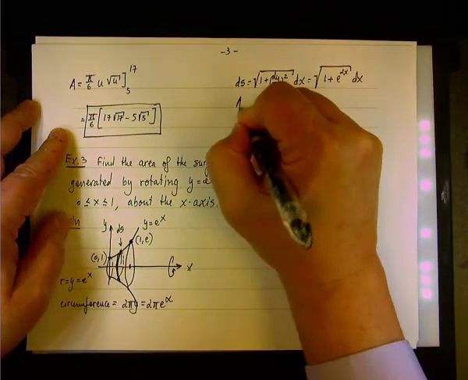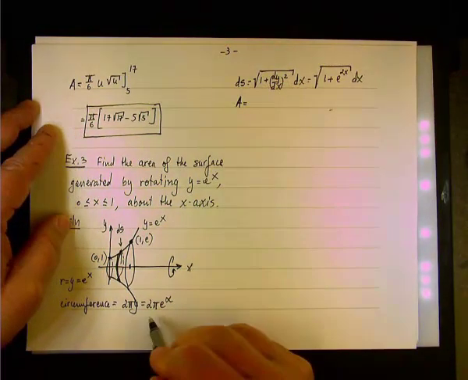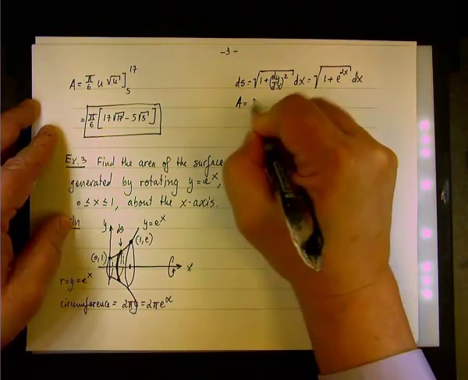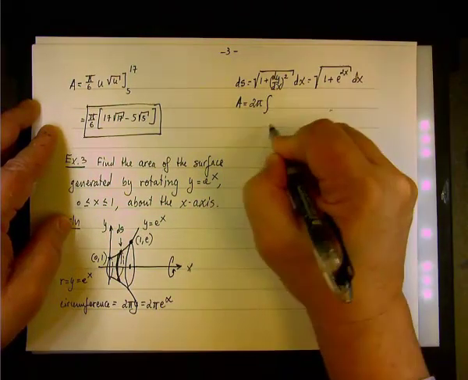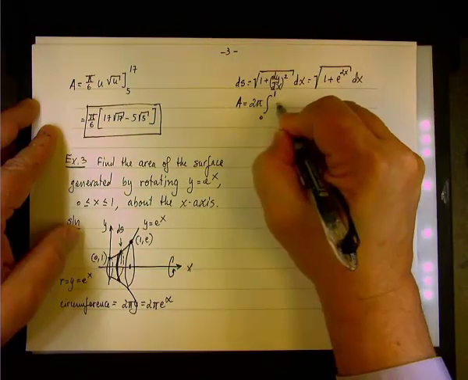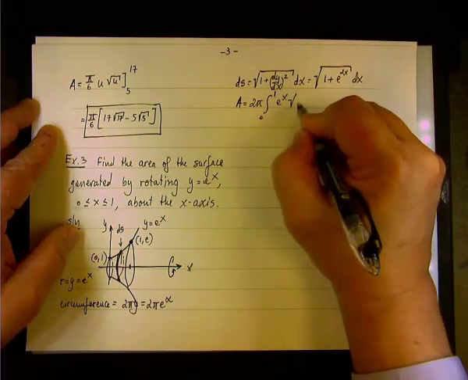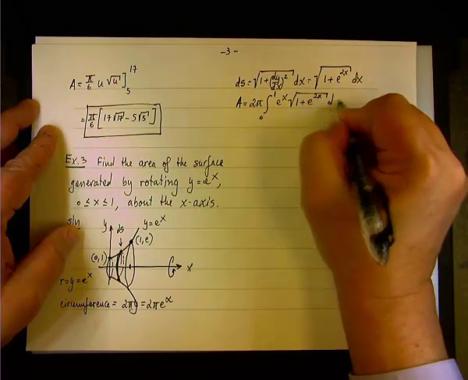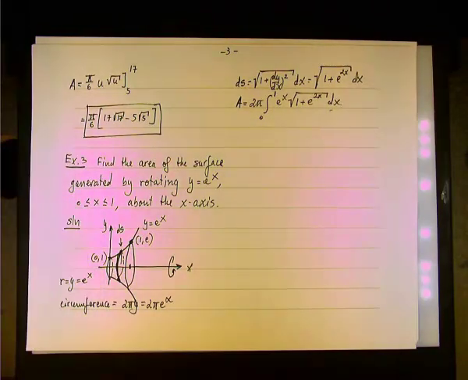And therefore we can conclude that the area will be 2 pi, and this time I will take it out of the integration, the integral, x goes from 0 to 1, of e to the x times the square root of 1 plus e to the 2x dx.